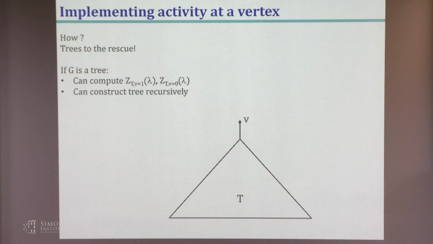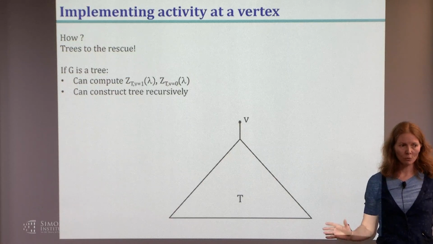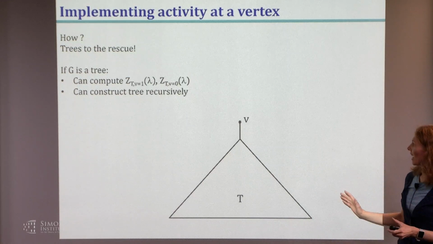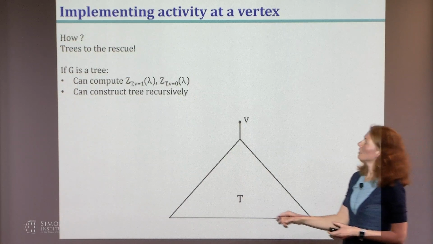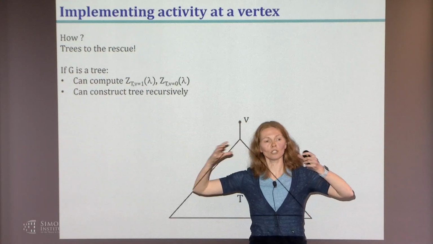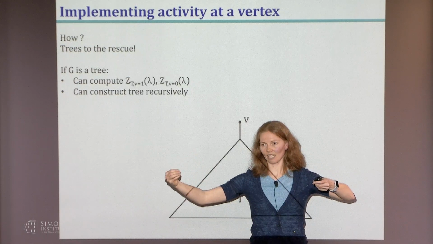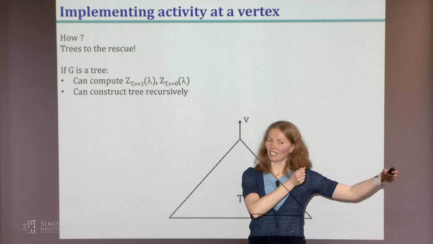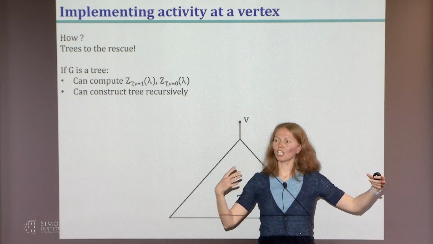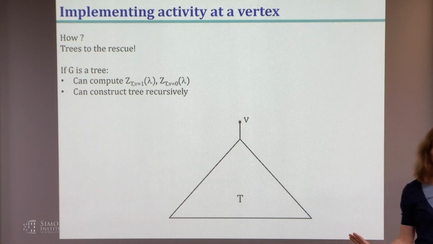Okay? Okay, so how are we going to create this gadget? So what do we want? We want a gadget where the ratio of the contribution of the independent set polynomial when my vertex V is in a set over not in a set equals some desired target activity lambda prime.